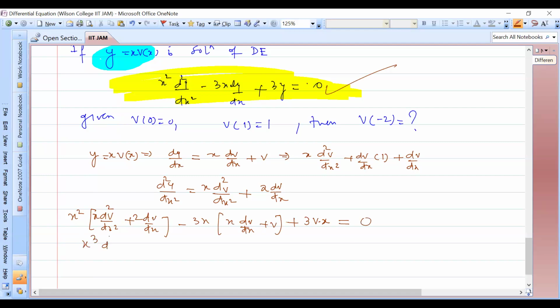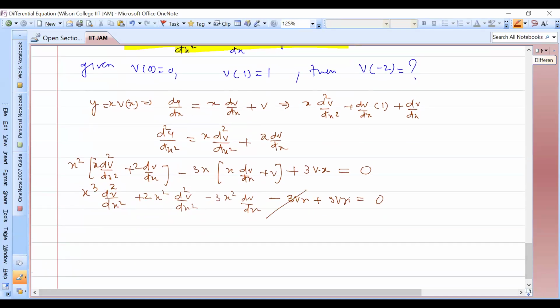Or it can be written as x cube d2v upon dx2 plus 2x square dv upon dx minus 3x square dv upon dx minus 3vx plus 3vx equals 0. So it can be seen that this cancels. So x cube d2v upon dx2 equals x square dv upon dx.